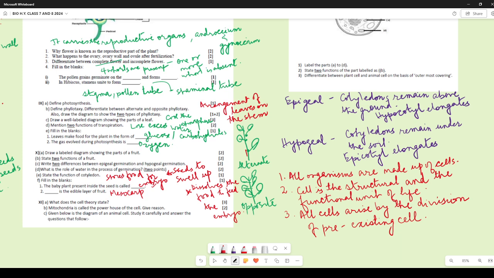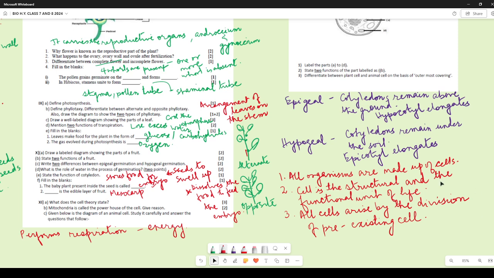Mitochondria is called the powerhouse of the cell. Give reason why mitochondria is called the powerhouse of the cell. Because it performs respiration, and it is the respiration that gives energy. Because of this respiration, they get energy.